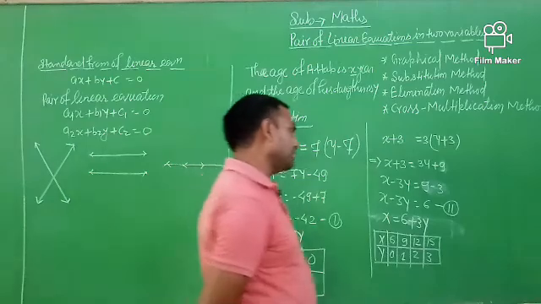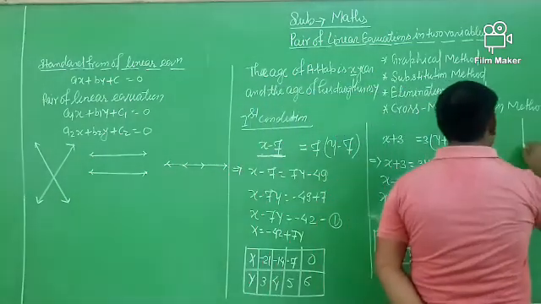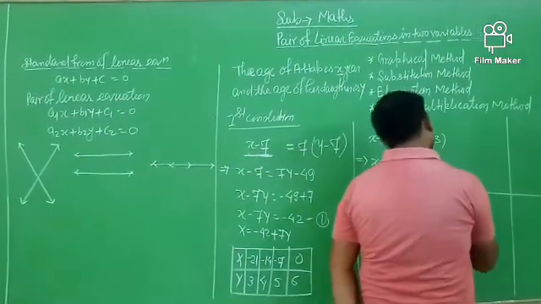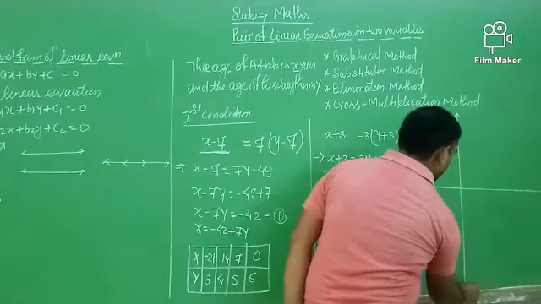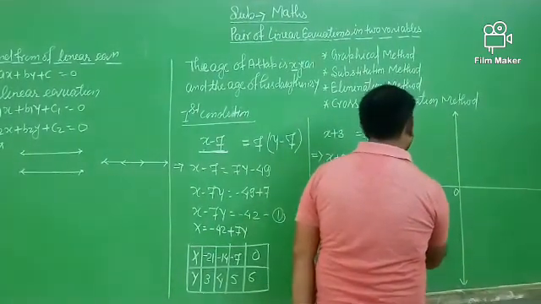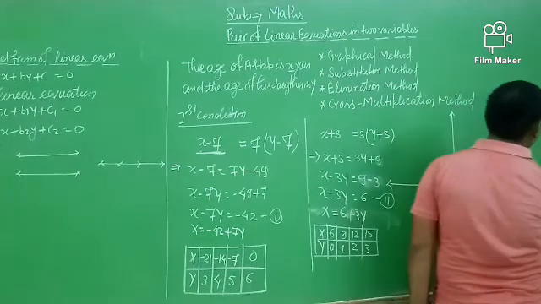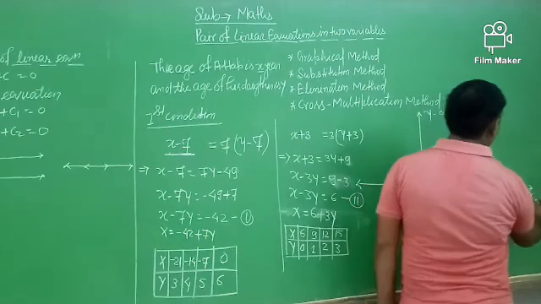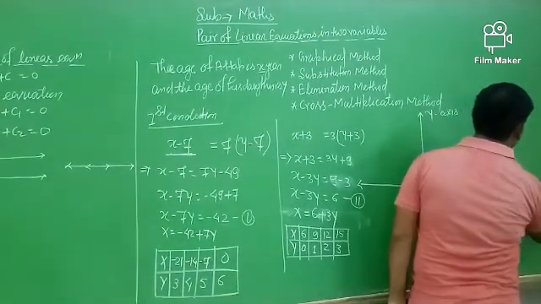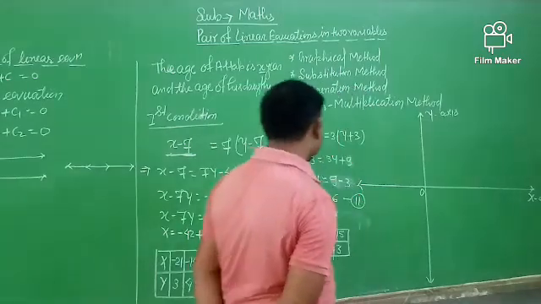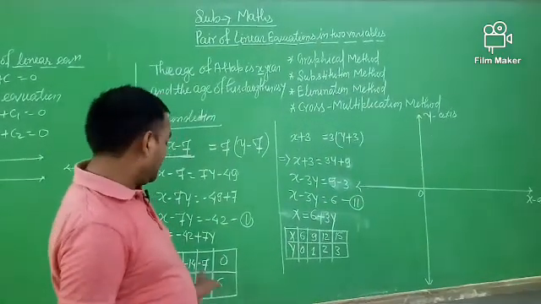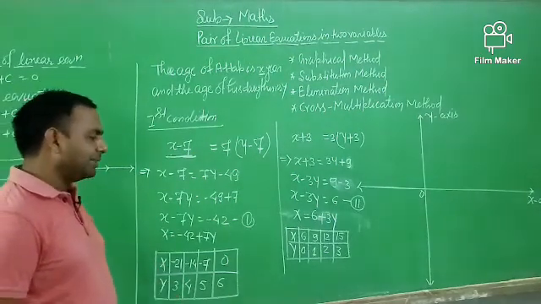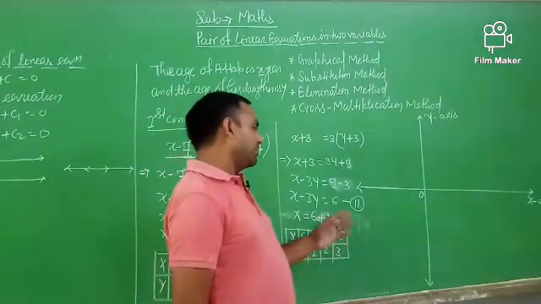After using these values, you can draw the lines. Suppose that here we take a quadrant, x axis and y axis. This is the 0, and from the left side it is the negative. This is the x axis and this is the y axis. Next, you put in the values. Here you see the value of x is minus 21, this is the lowest value, and the highest value is 15.